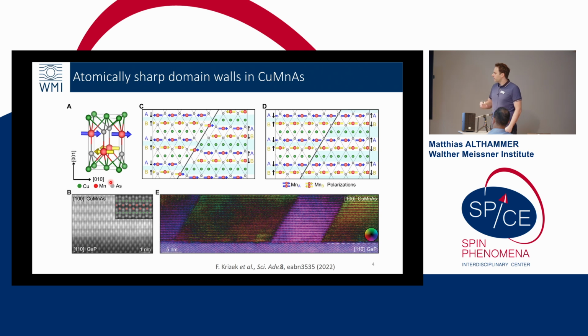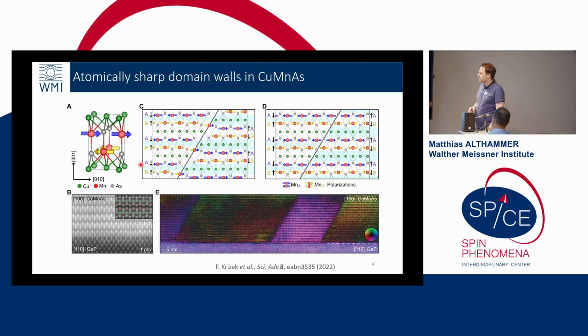There is also some work on one of the workhorses of antiferromagnetic metallic systems, CuMnAs, where transmission electron microscopy was used to see how sharp these domain walls can be. In this work, published in Science Advances, they looked at epitaxially grown thin film structures on a gallium phosphide substrate, and they saw some edge dislocations, as shown in this cartoonish picture, where you have a transition between two domains.